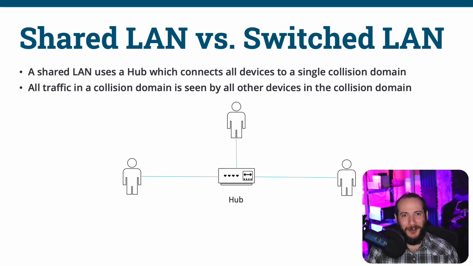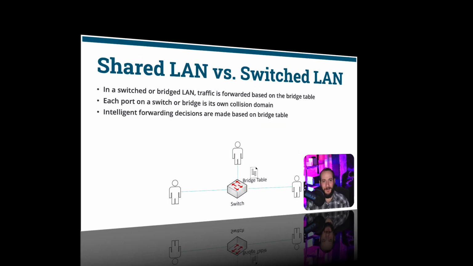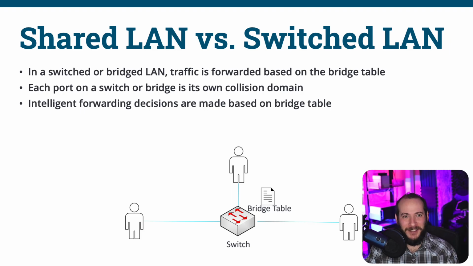Now, let's take a look at a switched LAN. As technology has advanced, network switches were developed, which solved many Ethernet scaling problems, including those we identified with a shared LAN. A switched LAN forwards data to its destination intelligently by using a bridging table. This table contains a list of MAC addresses and what ports they can be reached on. This helps ensure the data is only received by its intended recipient.